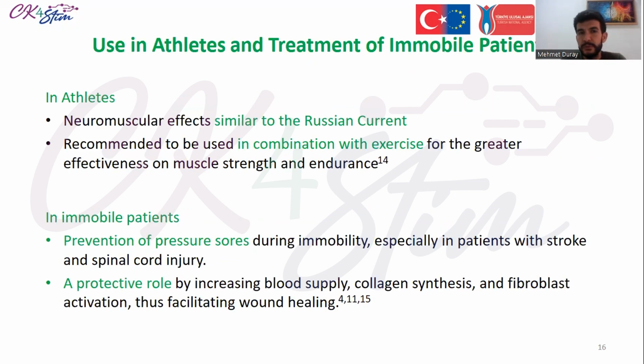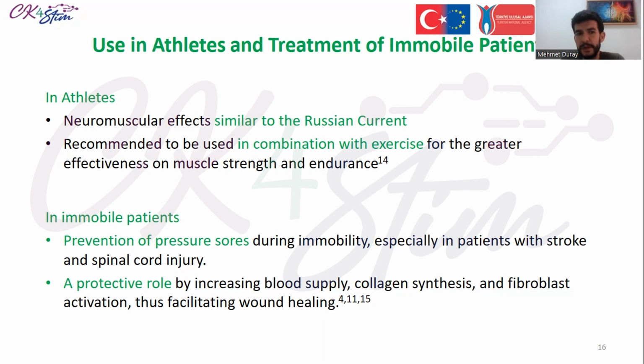We can use high voltage pulse galvanic stimulation in athletes and in the treatment of immobile patients. In athletes, the current has similar neuromuscular effects to the Russian current, and it is recommended to be used in combination with exercise for greater effectiveness on muscle strength and endurance.